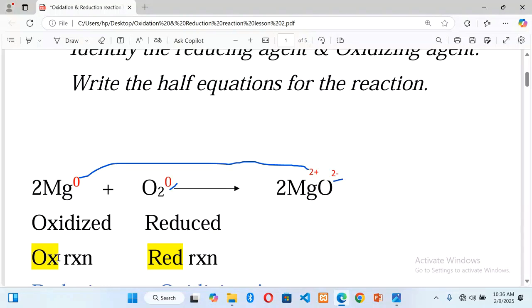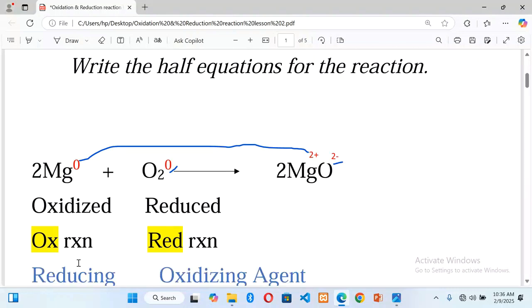Now the question is, among these two, which one is the reducing agent and which one is the oxidizing agent? The one which has been oxidized is the one we call the reducing agent. The one which has been reduced is the one we call the oxidizing agent. Why?